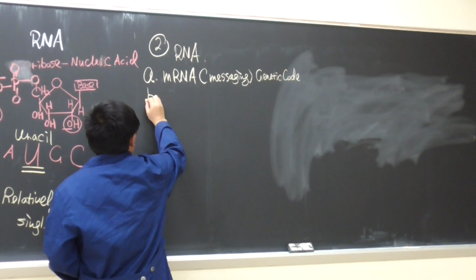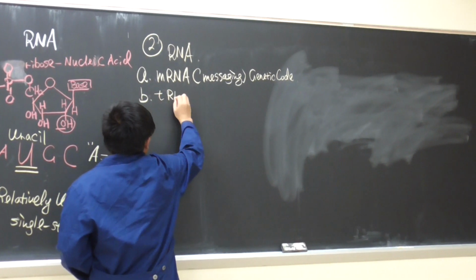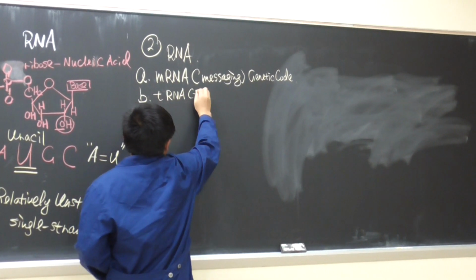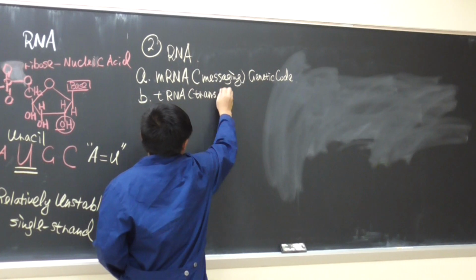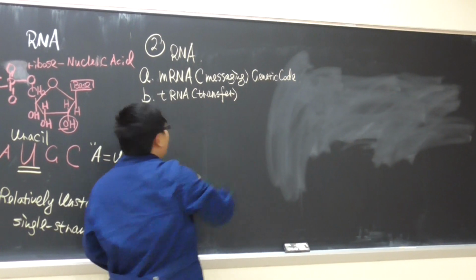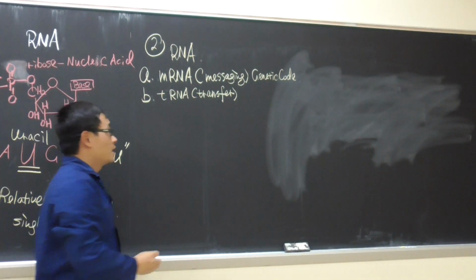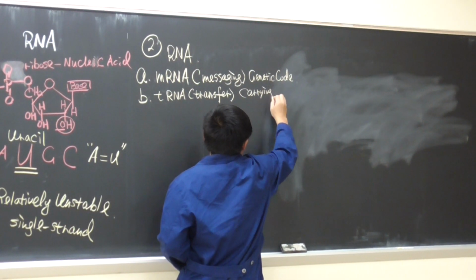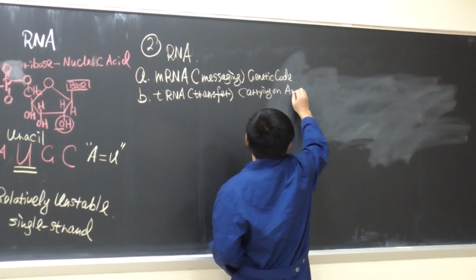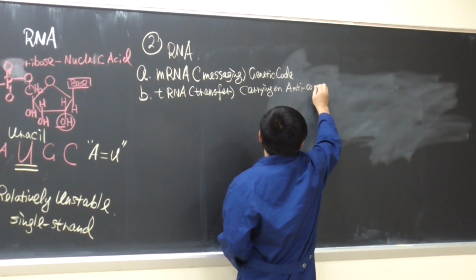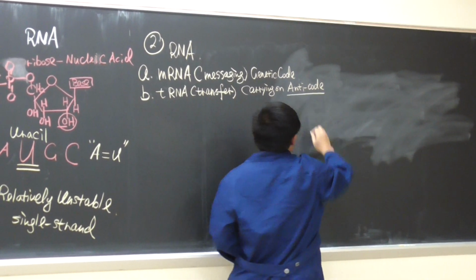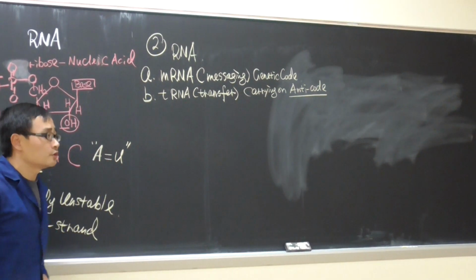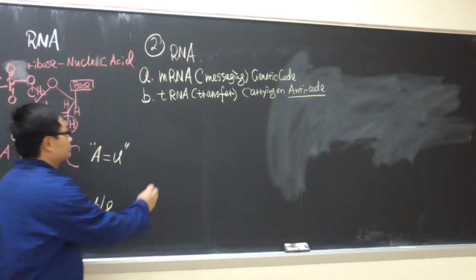Number two is tRNA. We call it transfer RNA. Why do we call it transfer RNA? Because they carry the anti-code. Be careful, this in the exam always going to ask you. They carry the anti-code, not the code.